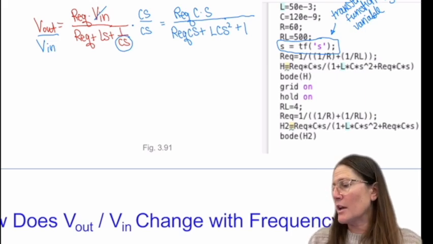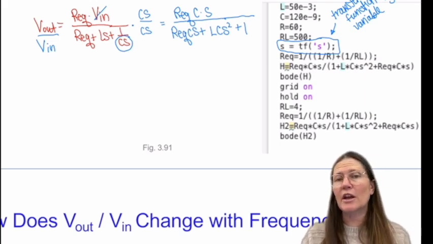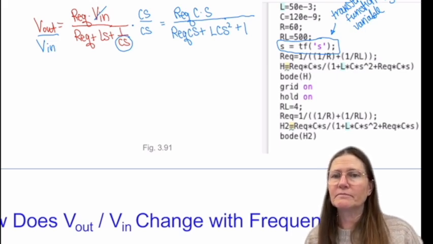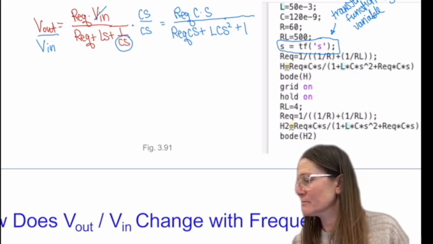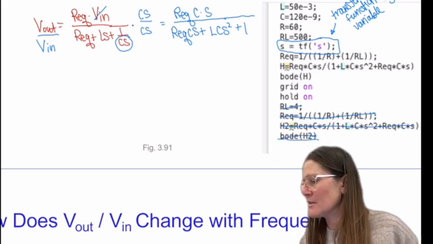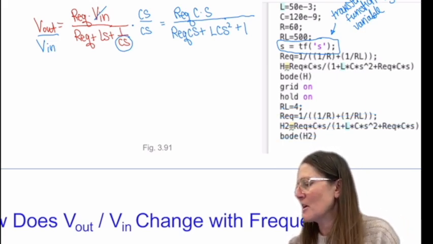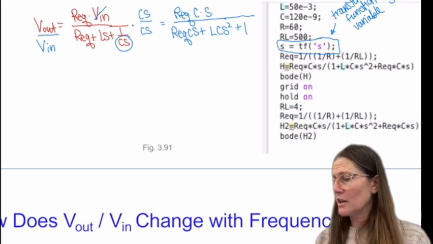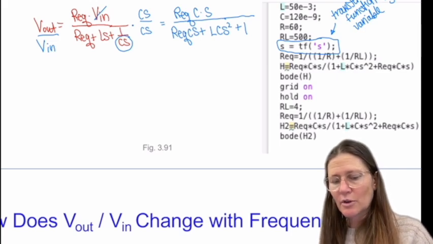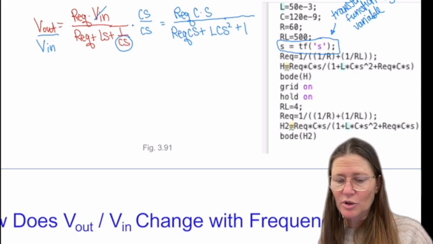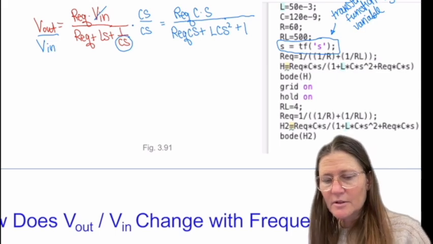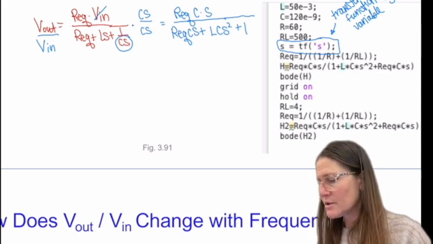Then from there I can plot it, just bode of H, and then it will let me graph that. So just ignore the rest of this. Actually, I changed my load and then graphed it also, to give you a visual of the different changes.